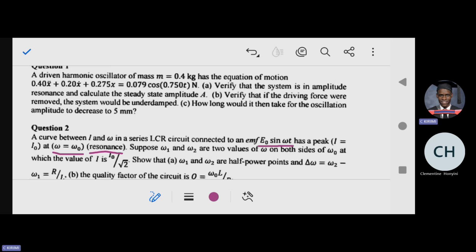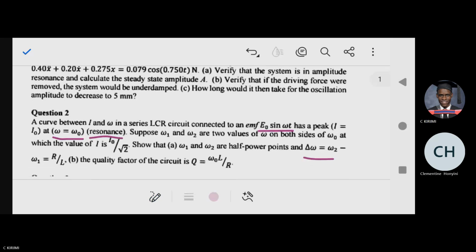At the value I equals I naught over root of 2, show that omega 1 and omega 2 are half power points, and change in omega, omega 2 minus omega 1, equals R over L. So those are the two things we are supposed to show for A. The quality factor of the circuit Q is omega naught L over R.